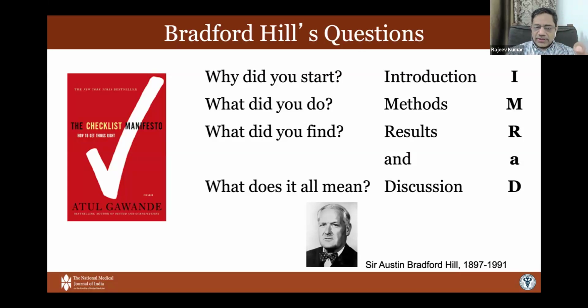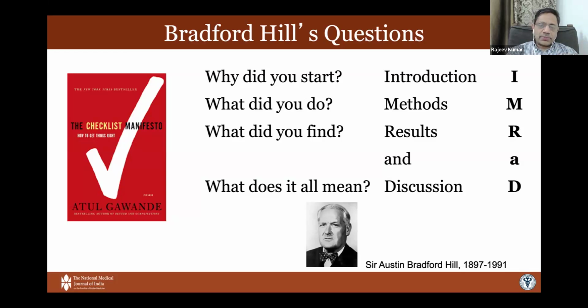The importance of a checklist exists even in writing a paper, and I'll show that to you as we go along. How, if you follow a checklist, which means answer a specific set of questions, your writing an abstract or you're writing a paper is more likely to be complete. So when you write an abstract or you write a paper, you're typically answering 4 broad headings.